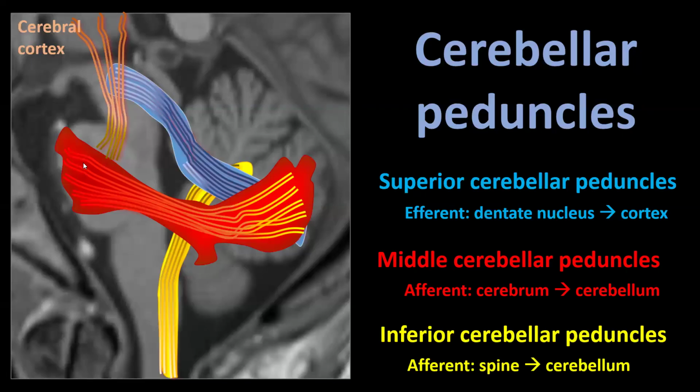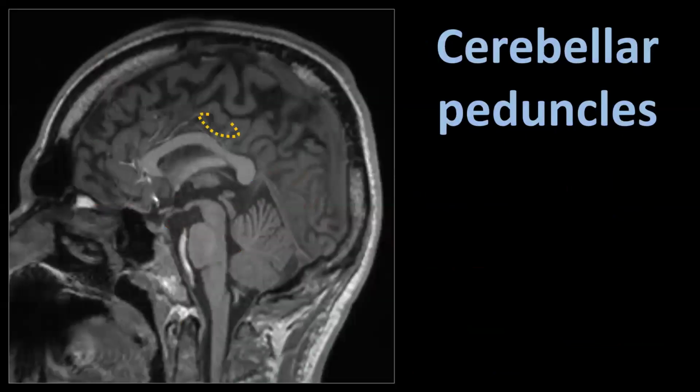So we have motor information entering the cerebellum through the middle cerebellar peduncles, sensory information from the spine through the inferior cerebellar peduncles, and then we have information leaving the cerebellum back to the thalamus and then to the cerebral cortex through the superior cerebellar peduncles. Okay, I hope that's clear, but I always like to repeat myself because repetitia est mater studiorum, as they say in Latin.